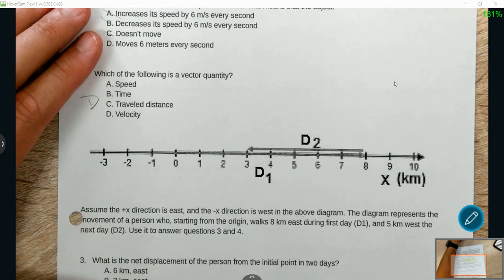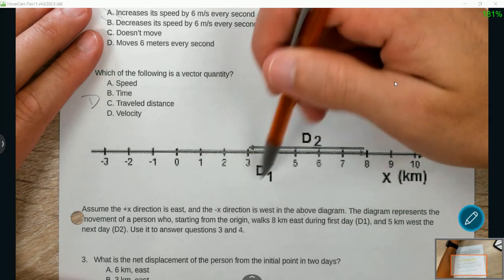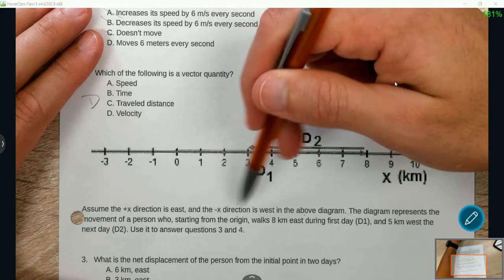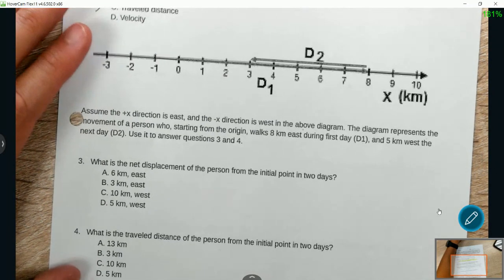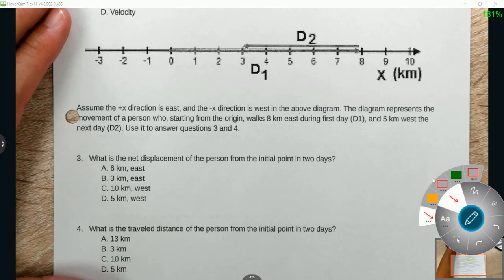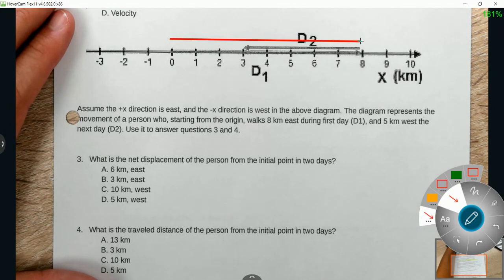Now this next one, all right, assuming the positive direction, to the right, is east, and the negative direction, to the left, is west. Here's what's going on. The person is going to move from 0 to 8 kilometers west, or east, sorry.